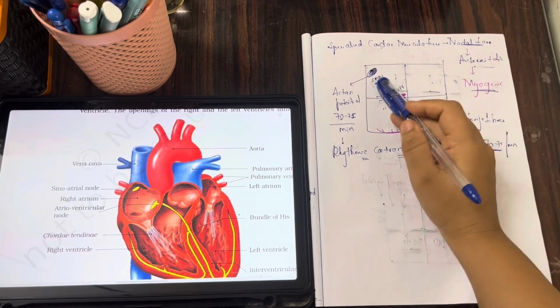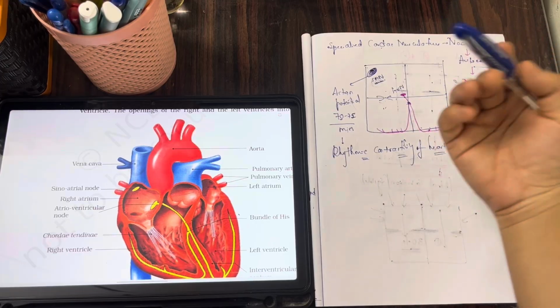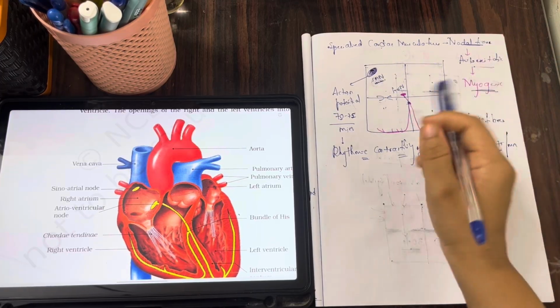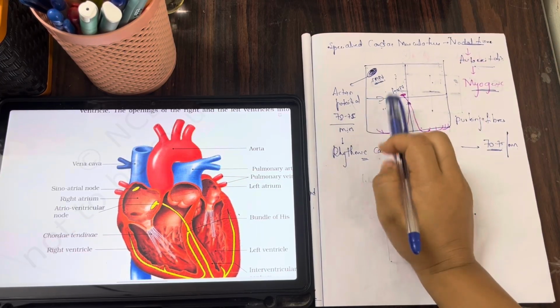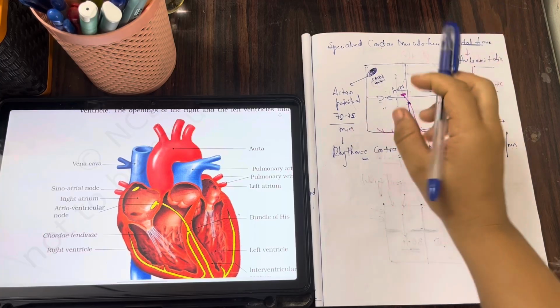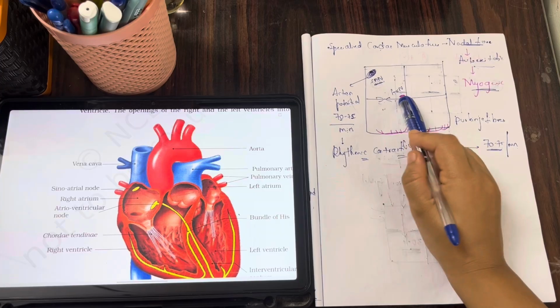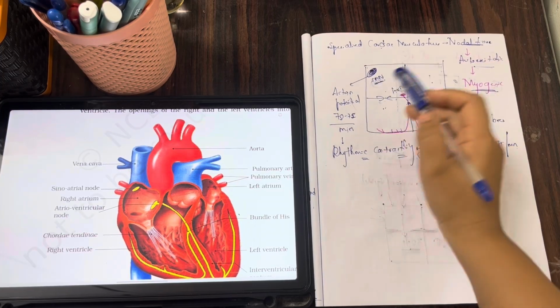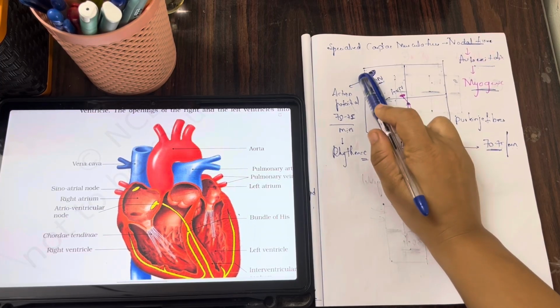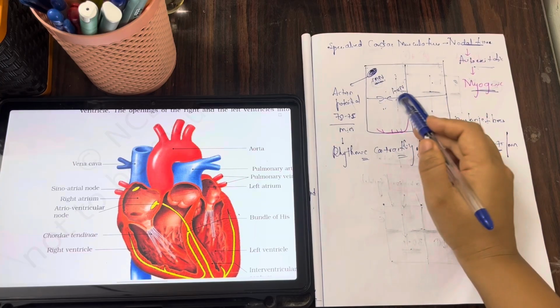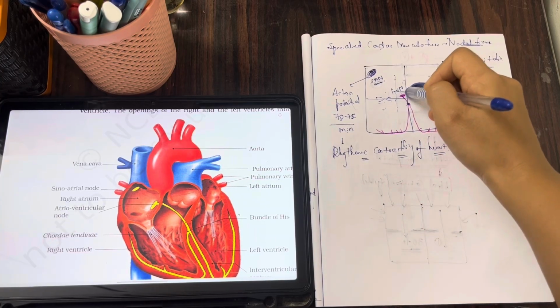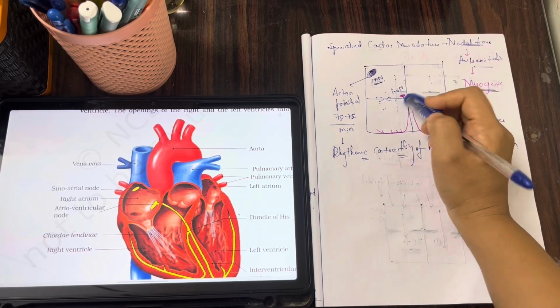So whenever SAN produces the action potential, or electrical impulse, or the energy, the heart contracts. That is equivalent to the heartbeat. AVN also has the potential, but it is less than that of SAN. So once SAN generates the action potential, soon after that AVN generates the action potential.